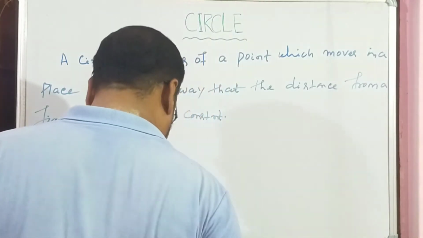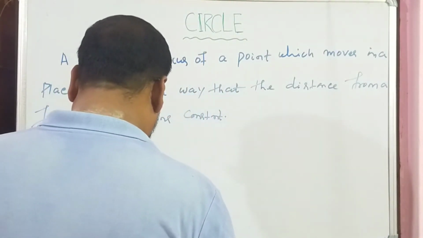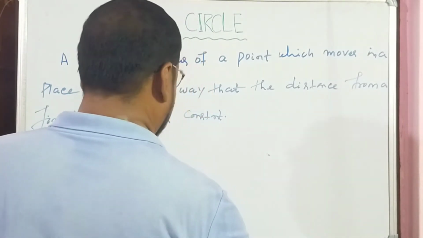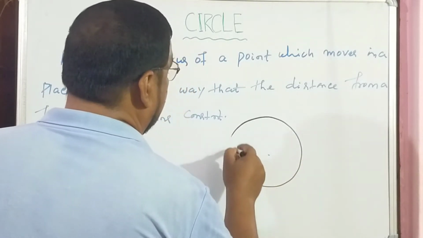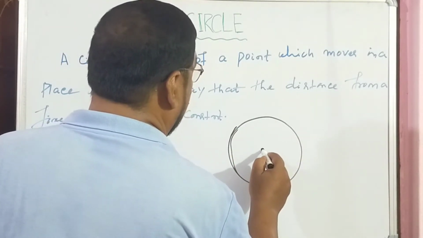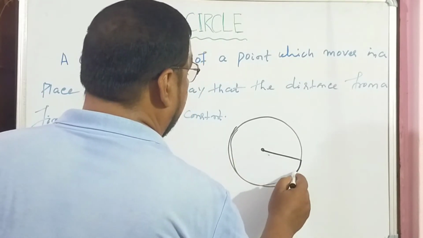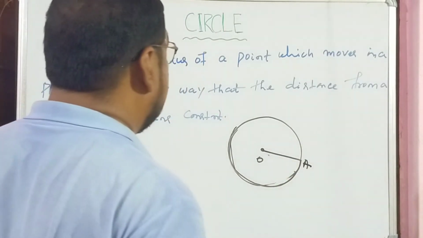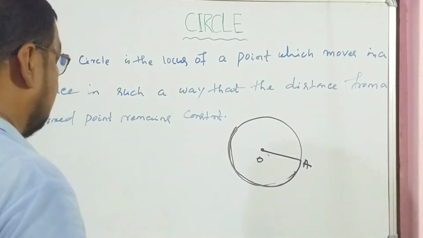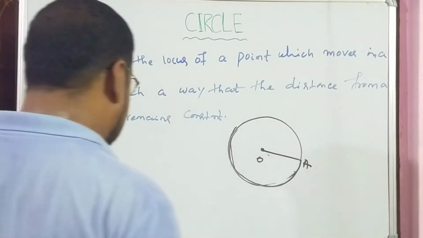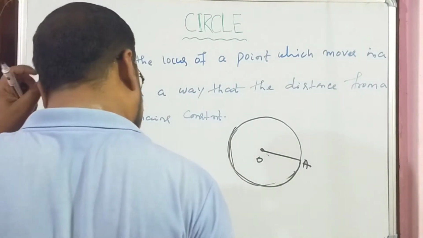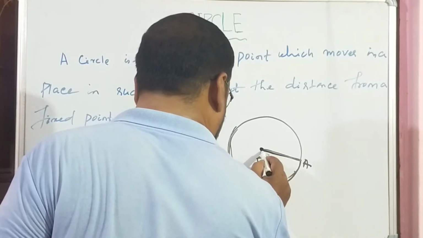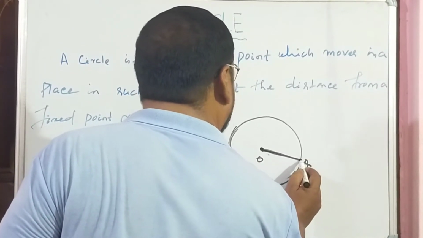That means if O is the fixed point, the distance from O to a point on the circle, OA, is the radius. The radius is a line segment joining the center and a point on the circle.